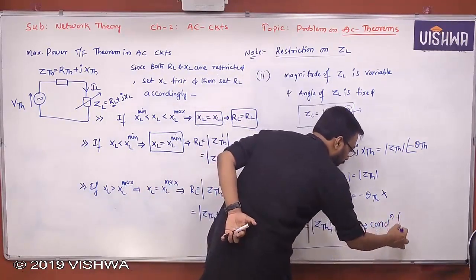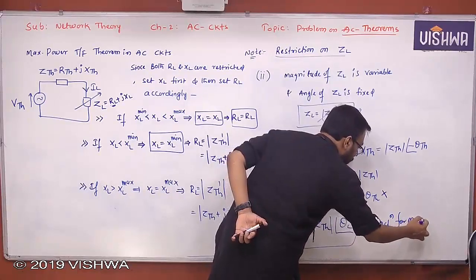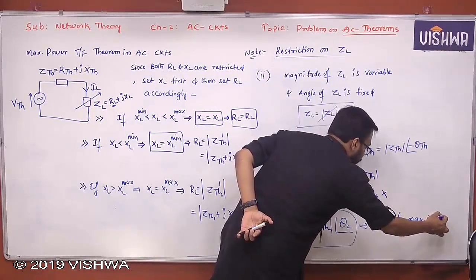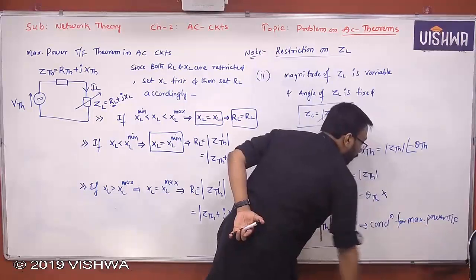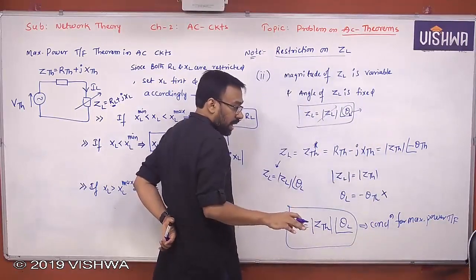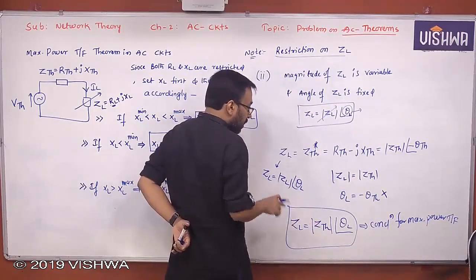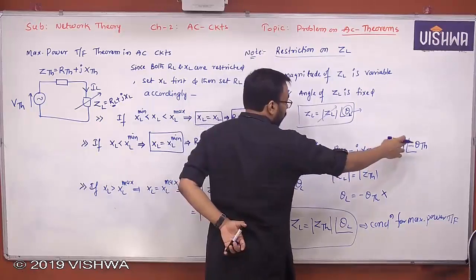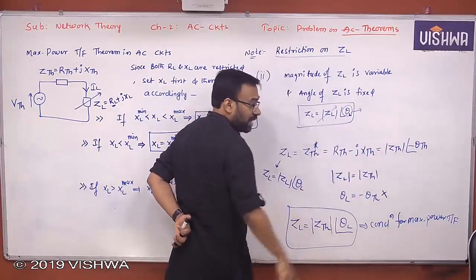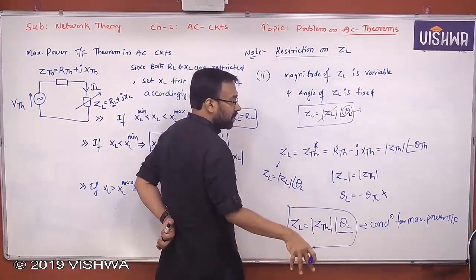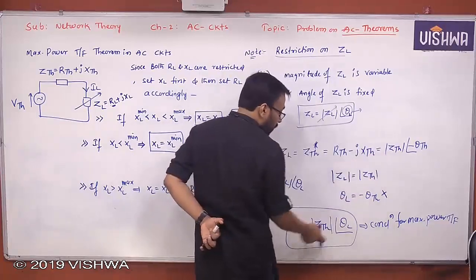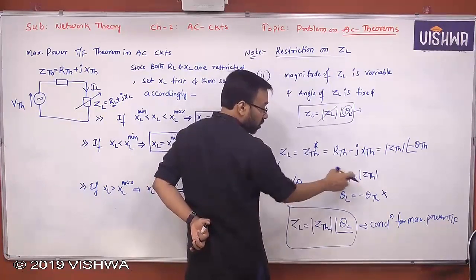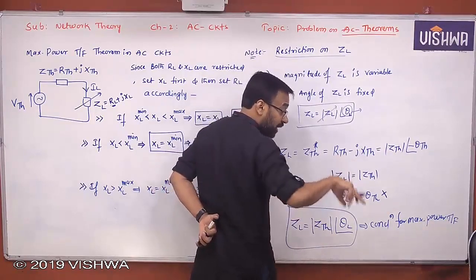So, the condition for maximum power transfer: as per the procedure, you are supposed to take ZL equal to ZTH at an angle of minus theta TH. That is the general condition for maximum power transfer. But what is the condition imposed? The magnitude is variable, so ZL is equal to the magnitude of ZTH, but theta L is fixed.